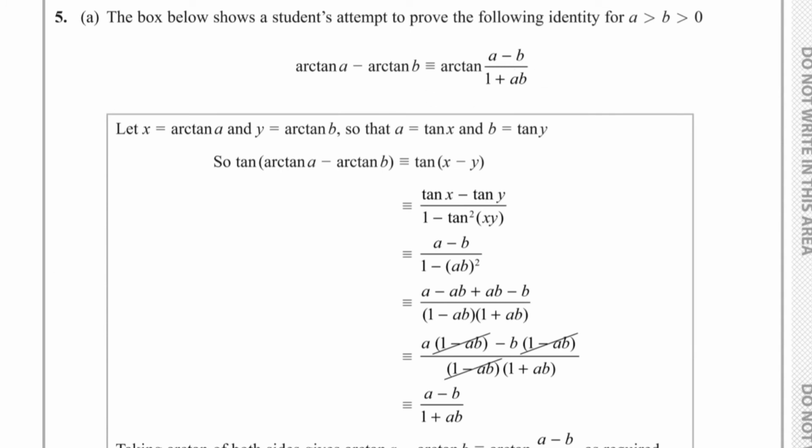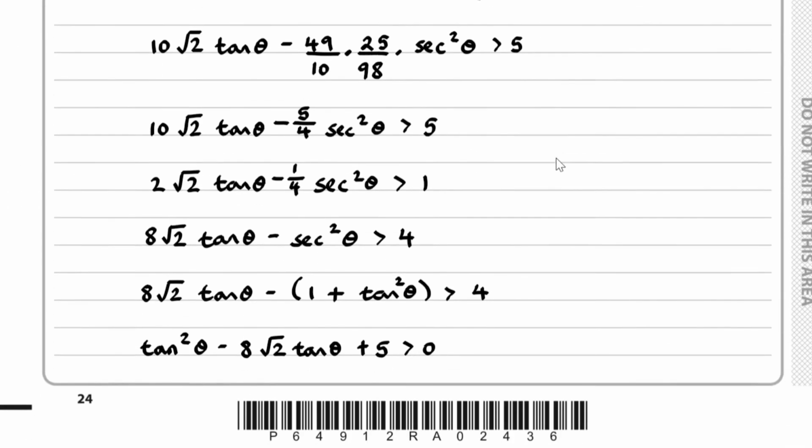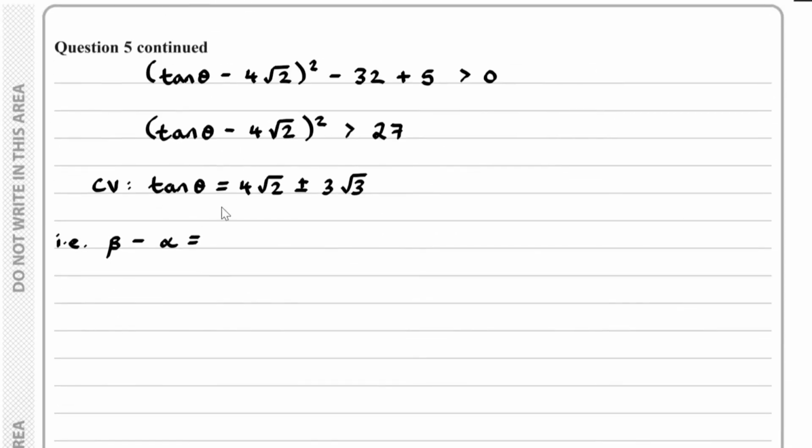So to work that out, what we will have for beta minus alpha is the inverse tangent of 4 root 2 plus 3 root 3 subtract 4 root 2 subtract 3 root 3.